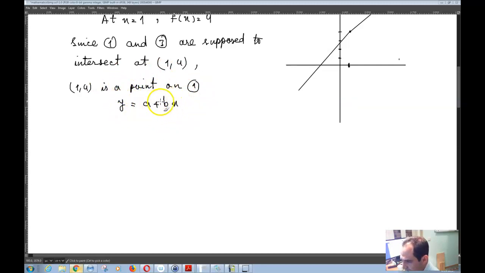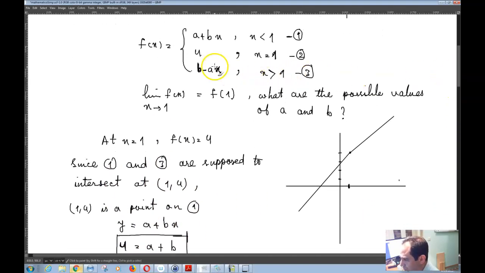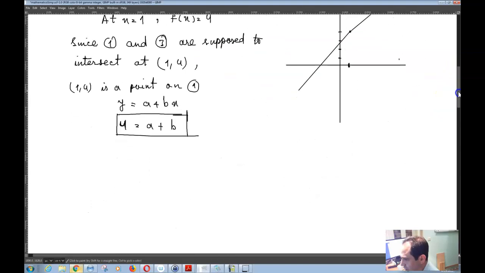So if y is equal to a plus bx, then 4 is equal to a plus b times 1, which is a plus b. So that is one equation that you can use on a and b. And then again the point 1, 4 is a point on line number 3 as well, and the equation for that is y is equal to b minus ax.